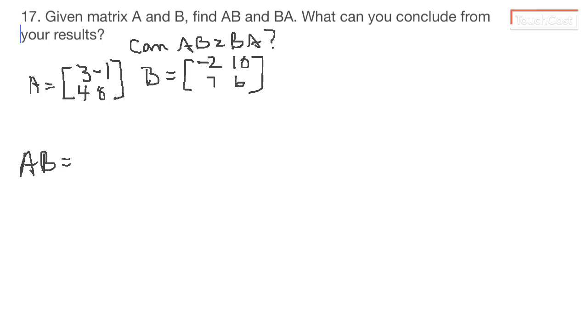AB, we're going to have 3 times negative 2 plus 4 times 7 for that first spot. In fact, I made one mistake. Not 4 times 7, it's going to be negative 1 times 7.